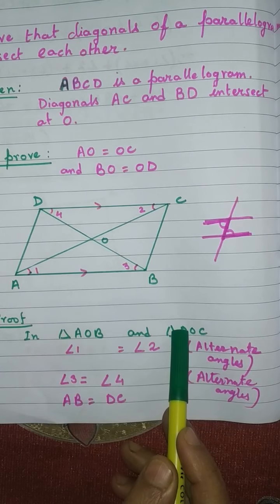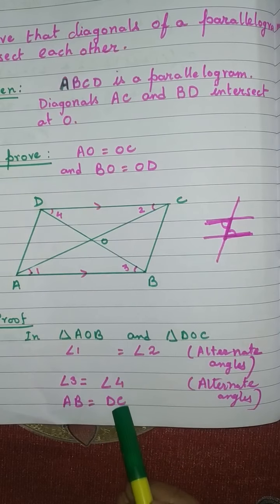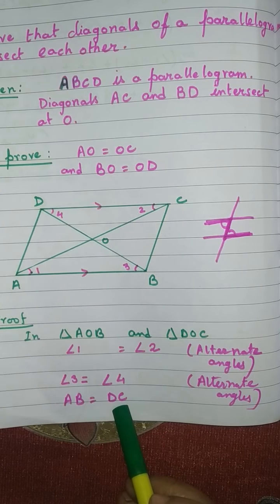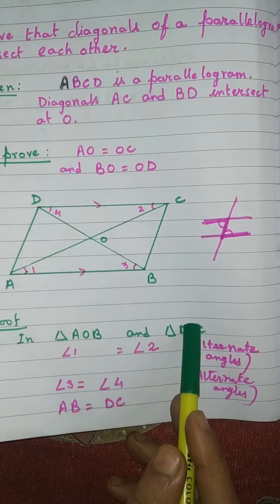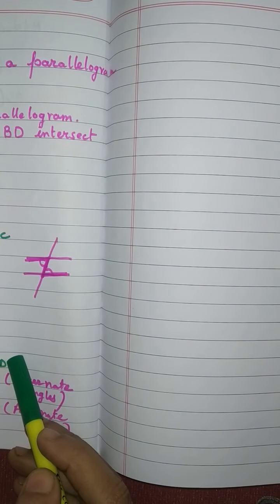Now in these two triangles we have two angles and one side equal to the corresponding two angles and another side. So we can say that these two triangles are congruent by ASA property.